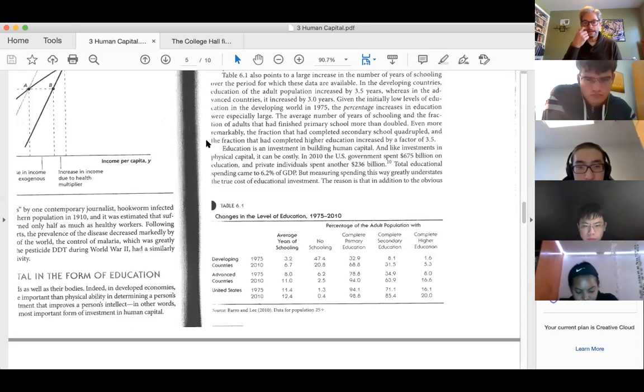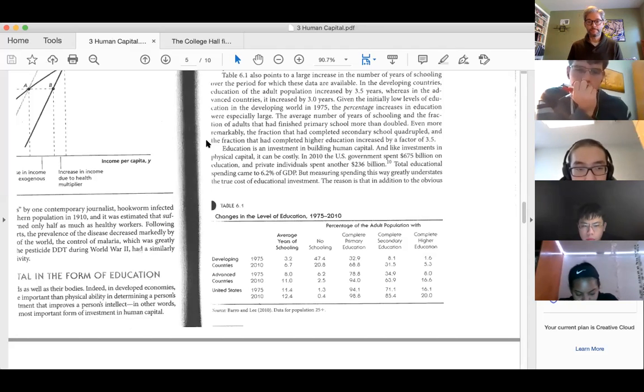The increase in the number of years of schooling has gone up significantly, right? The percent of the population that has completed a primary education has gone up significantly in developing countries. That have completed a secondary education has gone up significantly, right? That have completed higher education has gone up significantly, though this number is still pretty low in most developing countries.